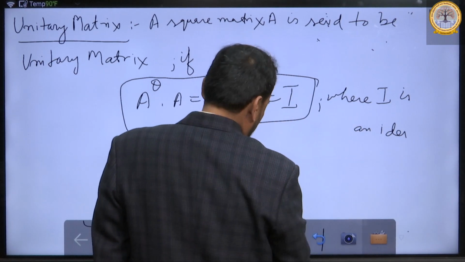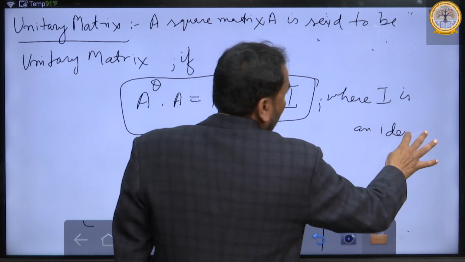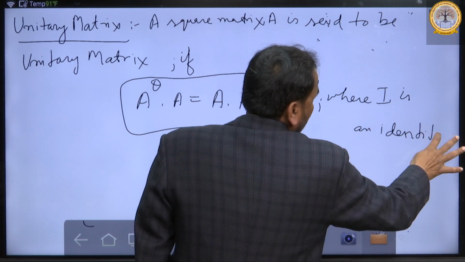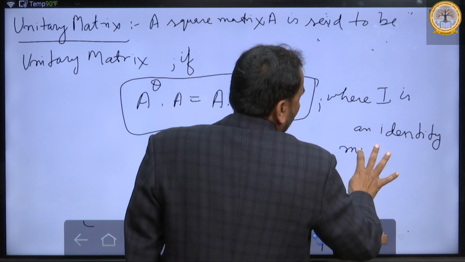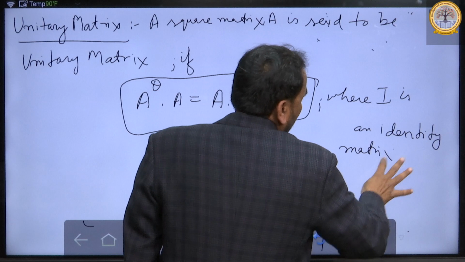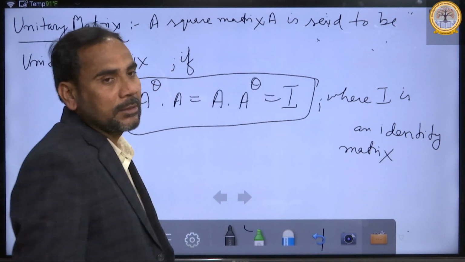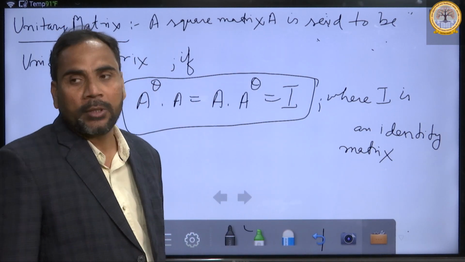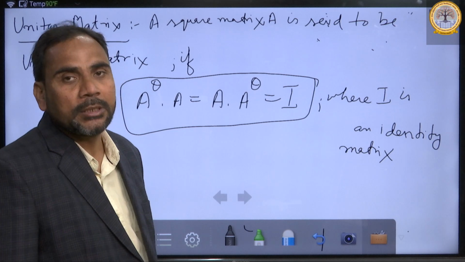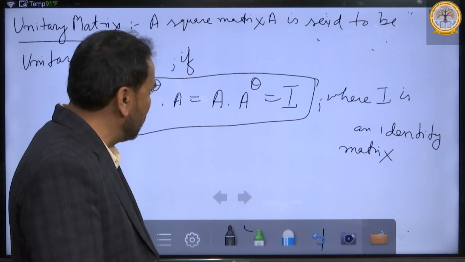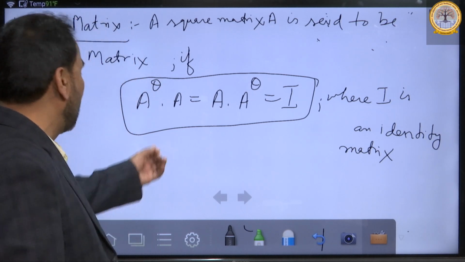In an identity matrix, all the diagonal elements are 1 and non-diagonal elements are 0.